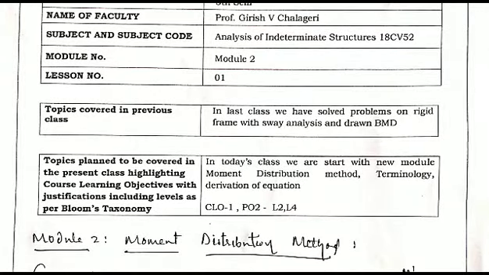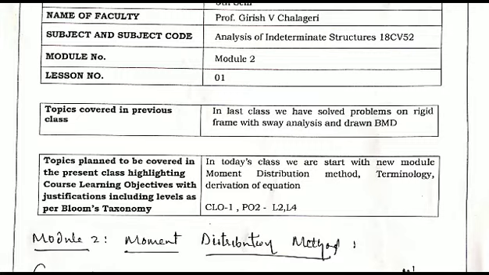So in the previous class, we studied and solved many problems: continuous beams as well as rigid frames with sway, without sway, and continuous beams with settlement, without settlement. All of them were done by the slope deflection method. That was the first module.